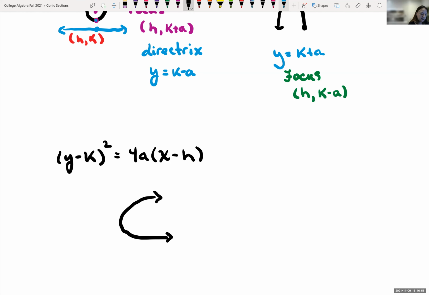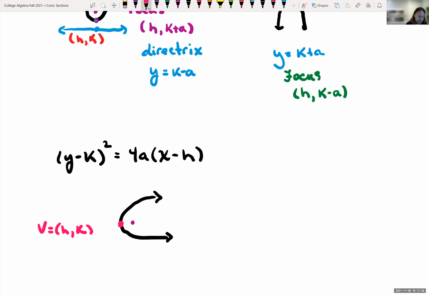Our parabola always faces towards that focus. Our vertex here is (h, k). This time though, to move that point from the vertex over to the right, we are changing the sign of our x value.